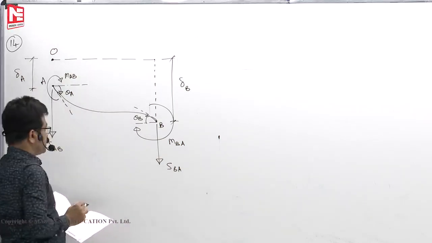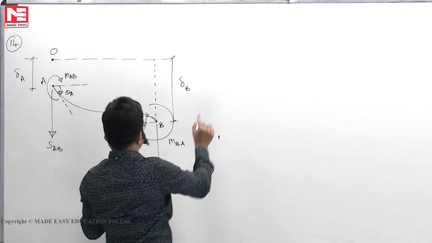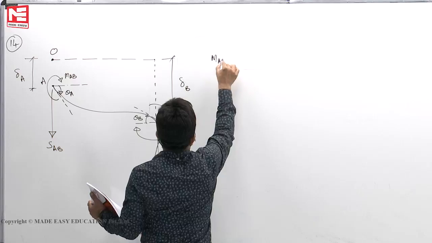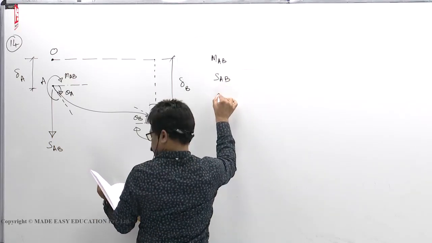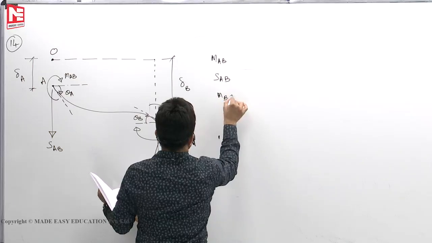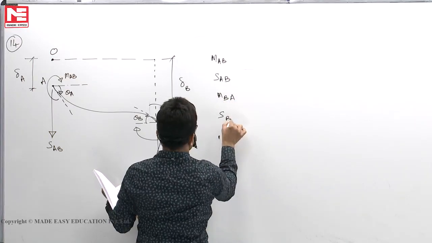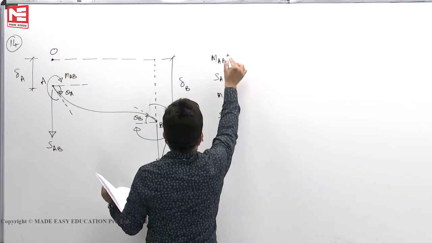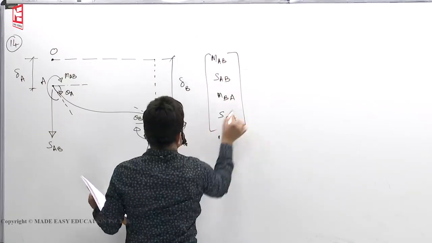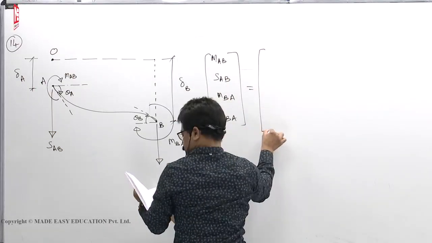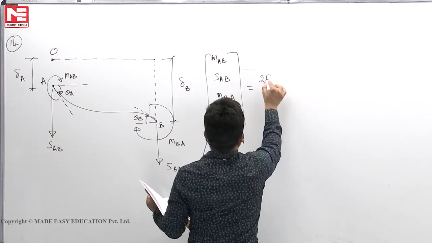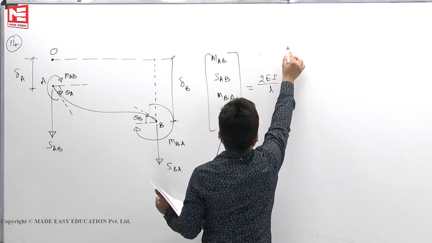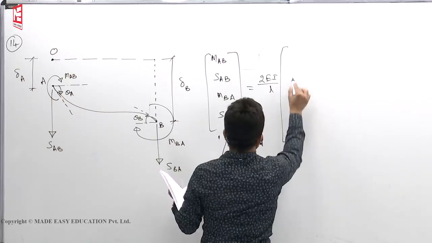Now the correct sequence, the equation is also given. MAB, SAB, MBA, SBA. This is the matrix. He has given 2EI by L, some symmetric matrix.